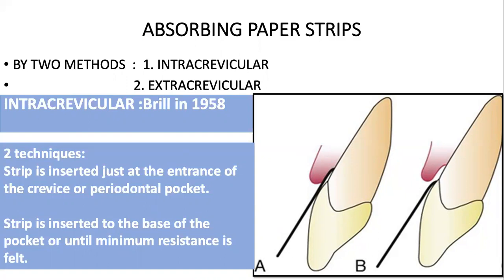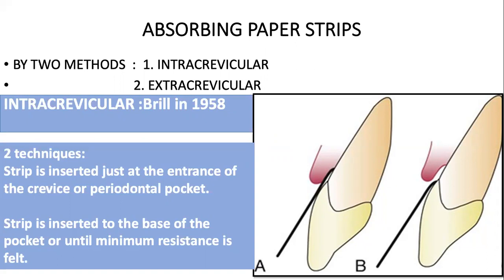The drawback is they will be unnecessarily inducing some kind of irritation to the sulcus. If they are irritating the sulcus, then there will be stimulation of GCF flow. If you yourself are stimulating, how will you be able to assess what is the normal flow rate? So here is the major drawback of using the intracrevicular technique.